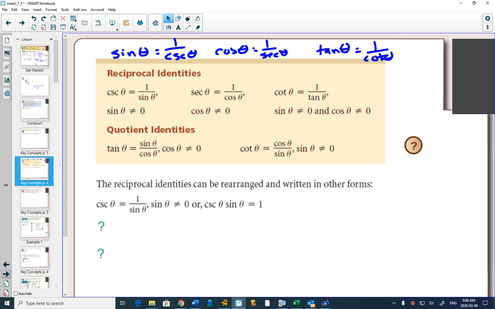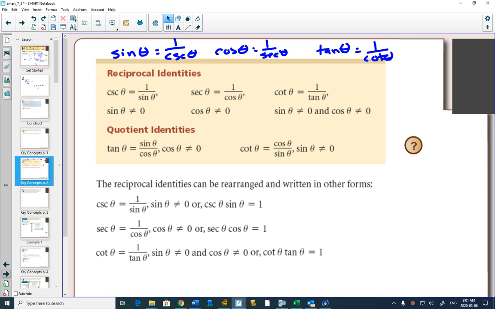So if you had cosecant times sine anywhere, you could change it to 1. Same thing with secant and cos, and same thing with cotangent and tan. But for the most part, you're going to use these basic ideas as our start.